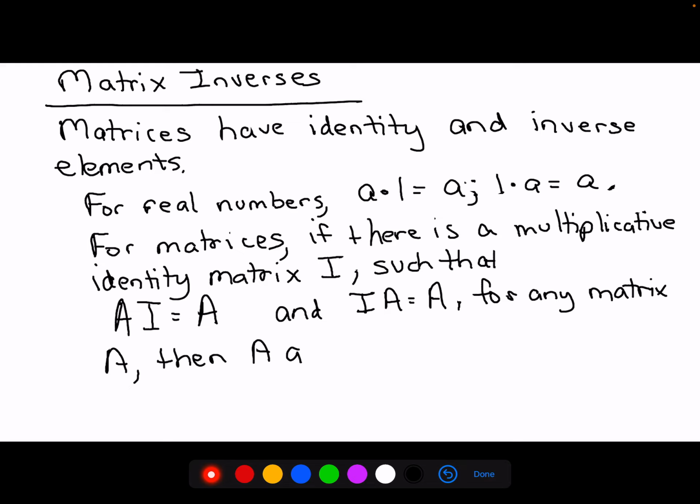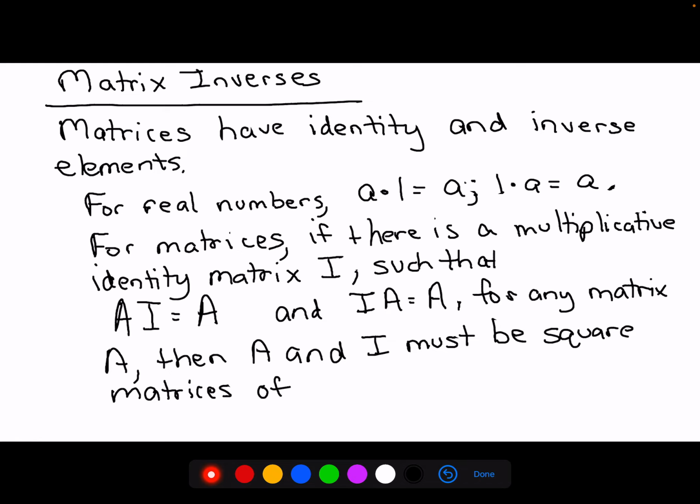Then A and I must be square matrices of the same dimension. They have to be square matrices for this to work, and they have to be the same dimension, like both be 2 by 2 or both be 3 by 3. So that matrix capital I serves in the same way as the 1 for real numbers.